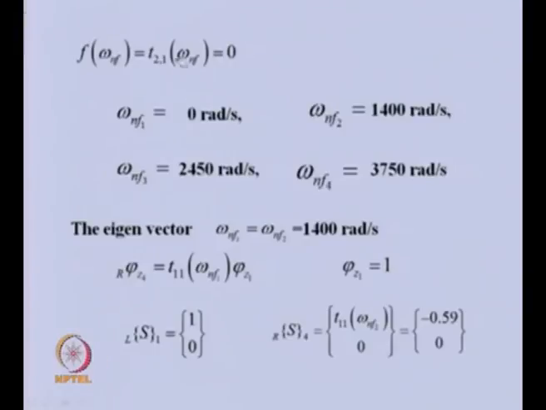Here you can see we have summarized the natural frequencies we got from the intercepts, and once we have obtained them we can again get the eigenvector. Let us say for one of the natural frequencies, 1400 radians per second, this equation will give, assuming one angular displacement as unity, the angular displacement at the right of disk 1 using this relation.